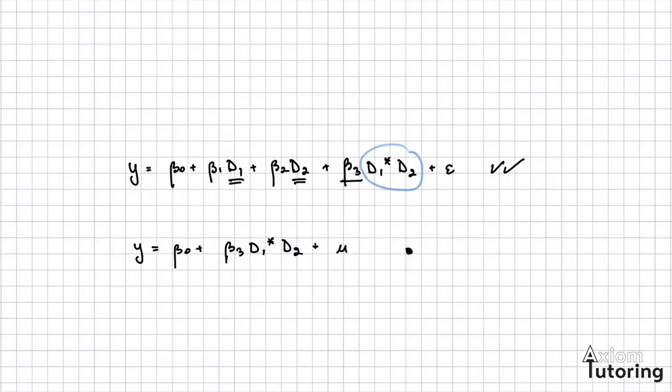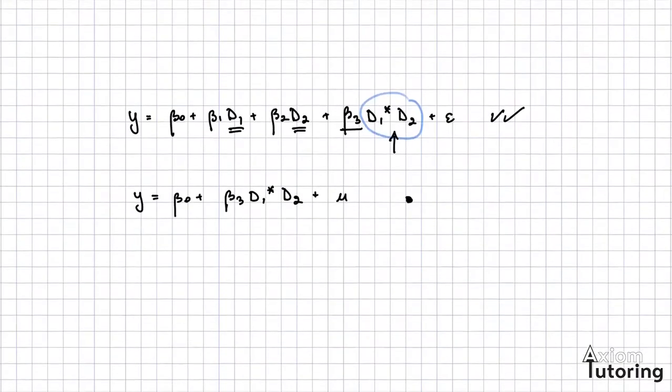Think of it this way. The interaction term D1 times D2 is built from D1 and D2, right? So if you include the product, you must also include the building blocks for it. When you are omitting D1 and D2, you are implicitly forcing B1 to be 0 and B2 also to be 0.